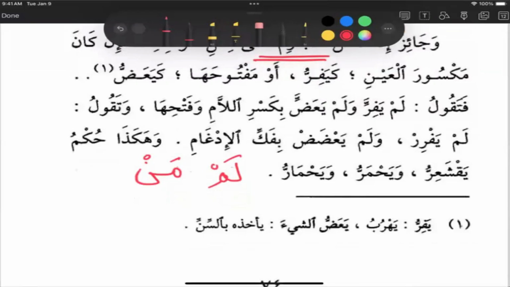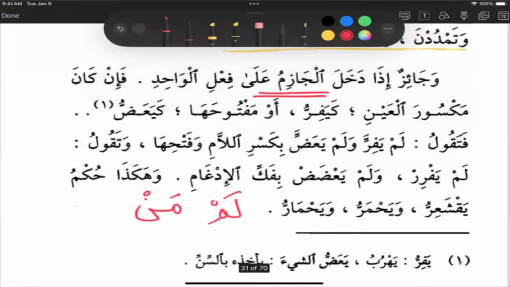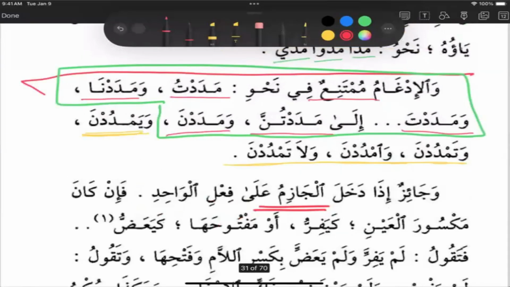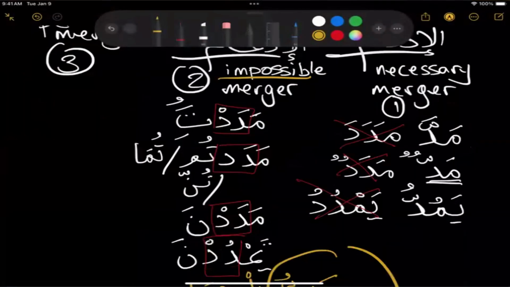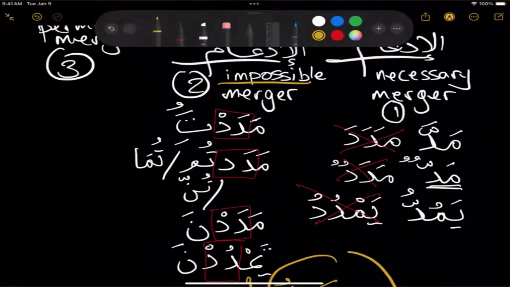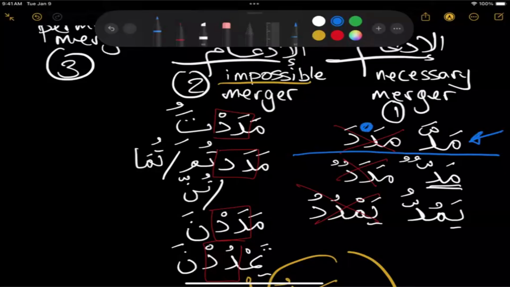Because remember, in order to make idgham, in order for us to say Mudaa, we must put a sukoon on the first dal. We must put a sukoon on the first dal in order to say Mudaa.